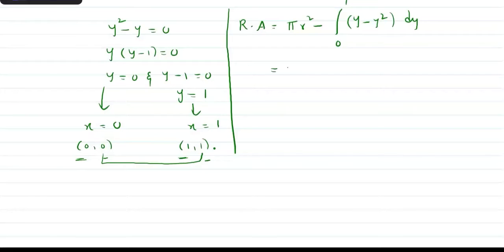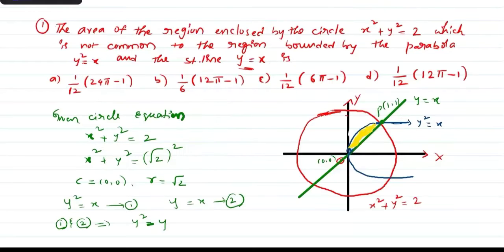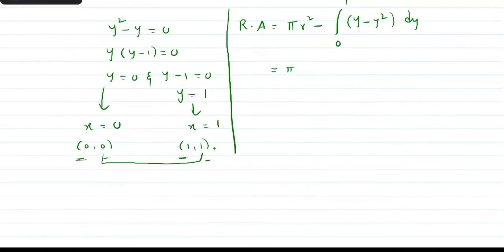So this is pi times, we already got the r value as root 2, so substitute here r value as root 2 whole square, minus integral of y is y square by 2, integral of y square is y cube by 3, lower limit 0, upper limit 1.